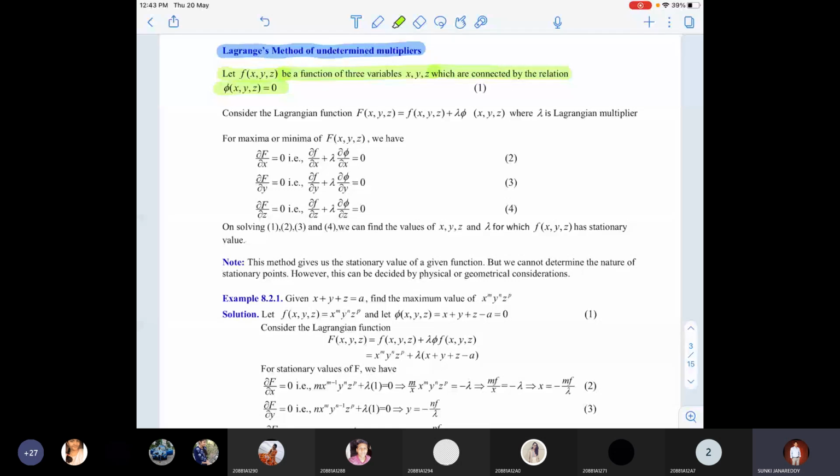Listen to me once again. Let f of x comma y comma z be a function of three variables x comma y comma z which are connected by the relation phi of x comma y comma z. From this function and relation, we should write one equation.